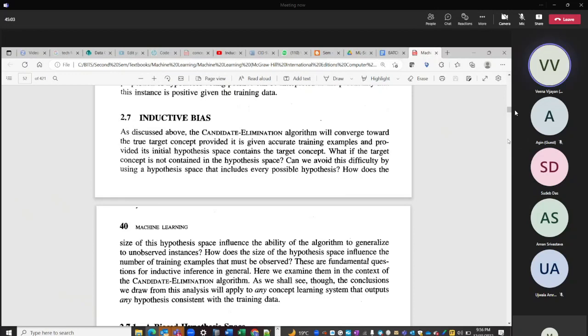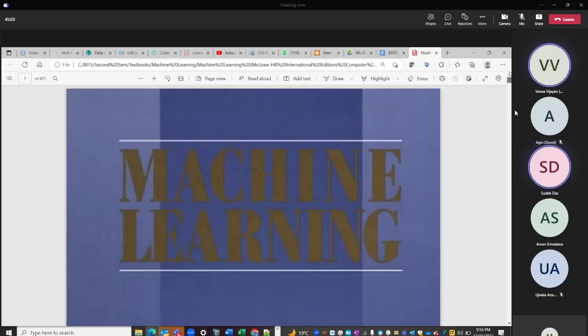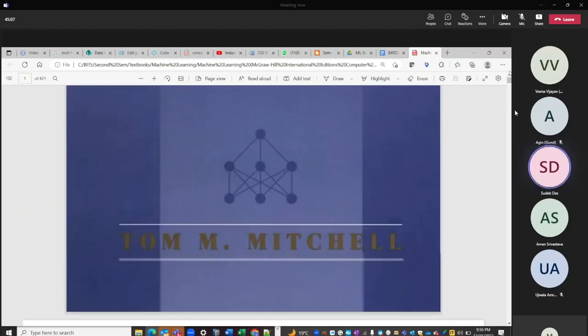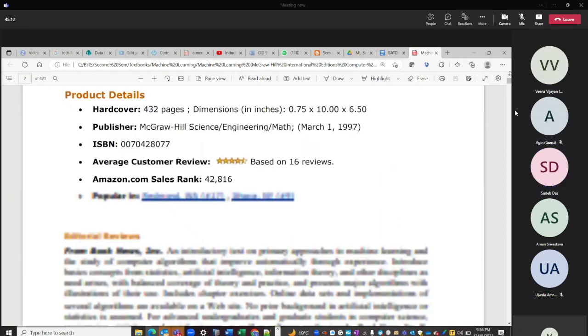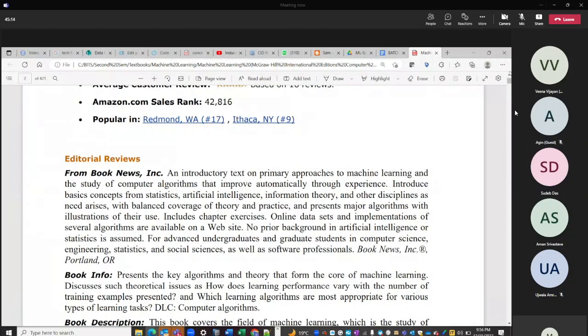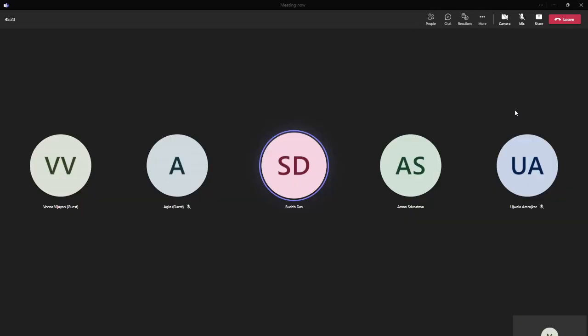Actually, we are following this textbook. Anything else? Okay, we just share that material with a sample example so that we can get an idea that this kind of similar problem comes, and how to go ahead step by step. Yeah, sure.